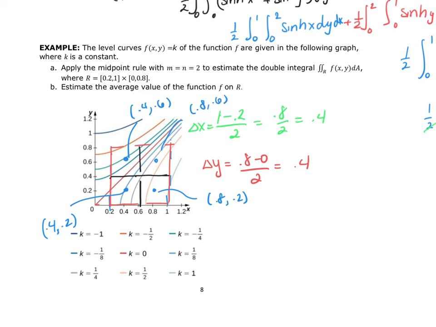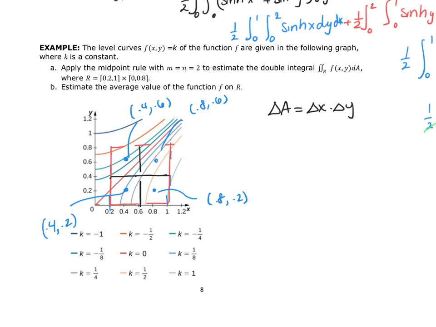All right, now, the reason I did all of that is because since I don't have the function, I have to look to see which curve is the closest. So my area is still the same. My dA, my delta A, is going to be my delta x multiplied by my delta y. Now remember my delta x, which I just erased, was 0.4, and my delta y was also 0.4.